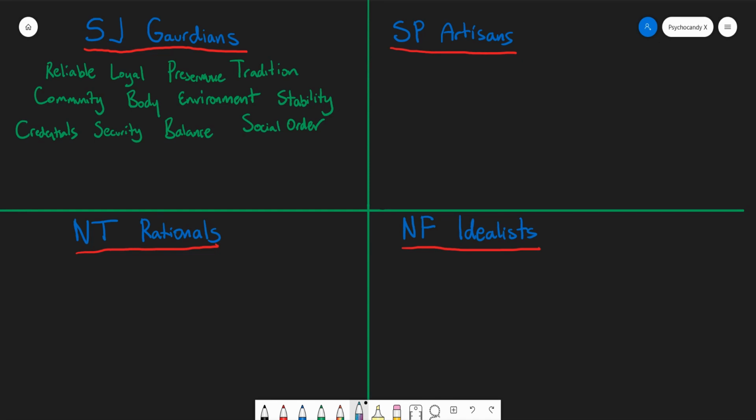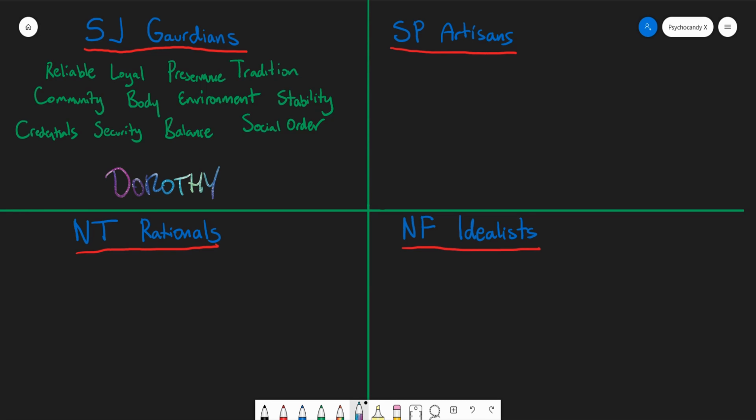As far as the Wizard of Oz, the character that most correlates to the SJ or the Guardian temperament would be Dorothy. And Dorothy's, of course, the main character. In a sense, she's the most important character of that work. But she represents the human element.